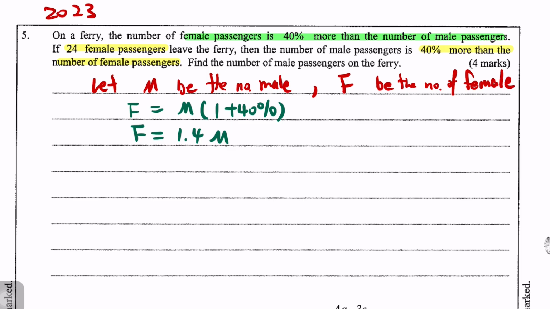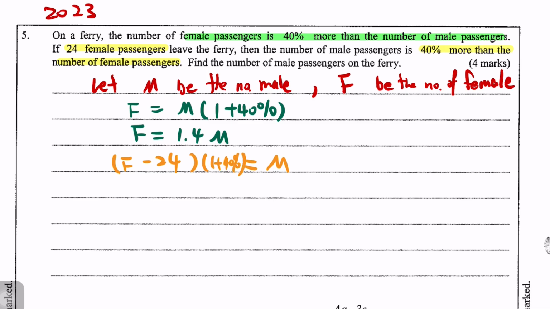Okay, second, if 24 female passengers leave, so the females minus 24. Then the number of male passengers is more than the number of female passengers. So now the male passengers are the larger number. So (females minus 24 people) times 1 plus 40%.